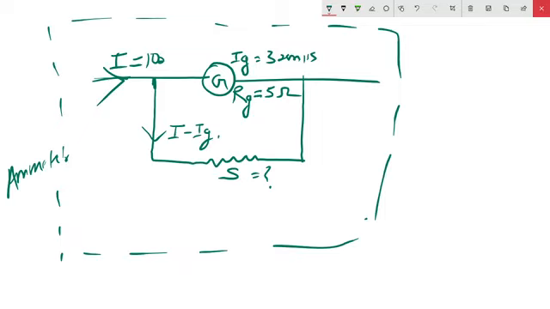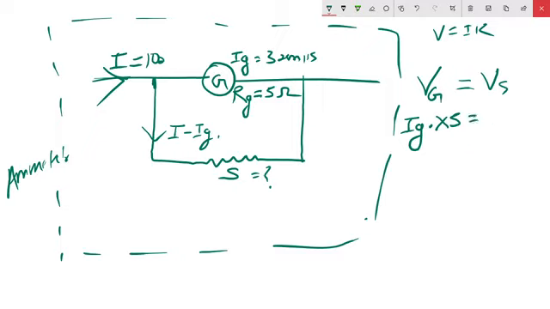Now if you see carefully, this galvanometer and this shunt are in parallel connection, and we know that in a parallel connection the voltage drop across the resistance or load is the same. So we will take the voltage drop, Vg for the galvanometer, equal to Vs. As per Ohm's law, V is equal to IR. Now Vg is nothing but Ig into Rg, where the resistance is 5 ohms.